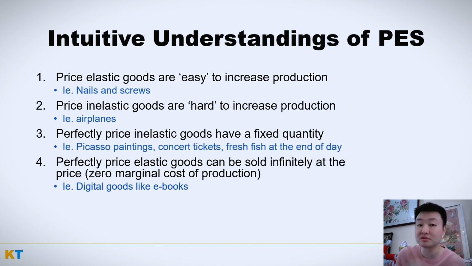And so these are digital goods like ebooks, like if you buy an ebook from Amazon or if you buy an online course, the marginal cost of providing another unit of that good to another person is very low, very close to zero. And so those are very price elastic goods.